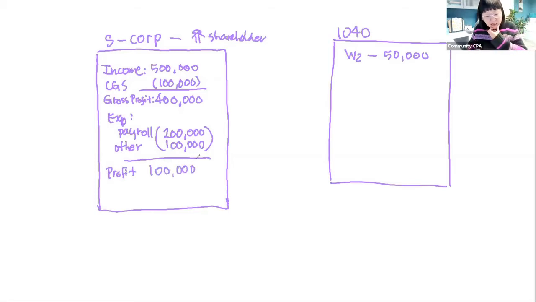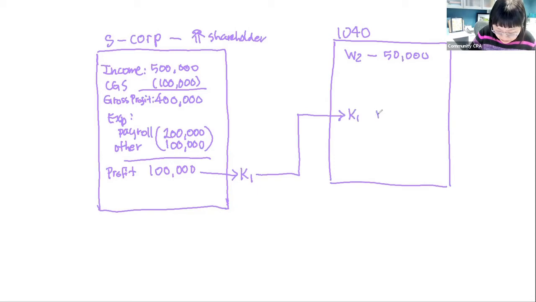So what happens in S-corp when I have a profit of 100,000? When I file the taxes for this, it becomes a K1 and it goes into my tax return. K1, 100,000. So this 100,000 added to my payroll makes my AGI 150,000. I would need to pay taxes on this amount because on my W-2, my employer already withheld taxes for me.